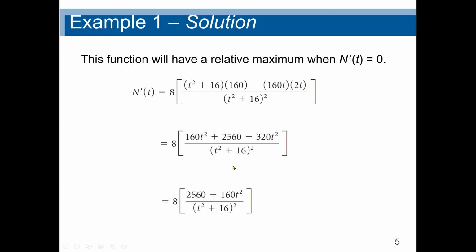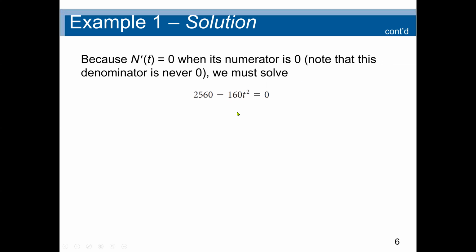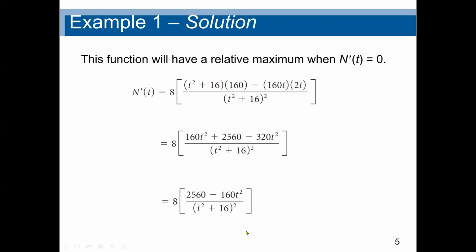From here we can still keep going. We have t squared, we combine, and we get this. Then from the function here, we can see that the 8 may not mean much, so we are going to equate this function to 0. If I equate this function to 0, 0 divided by 8 will give me 0.